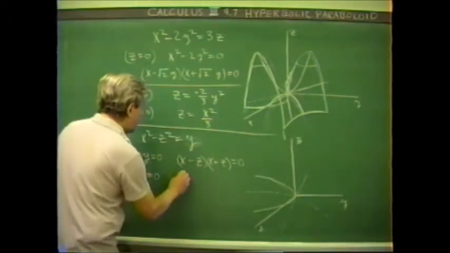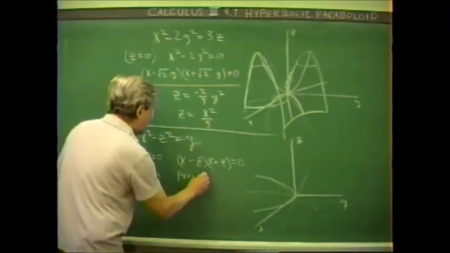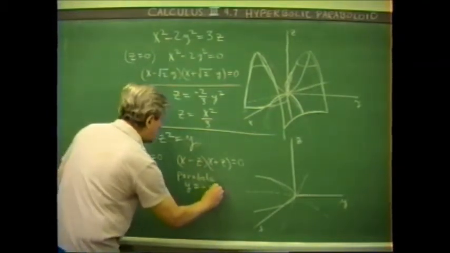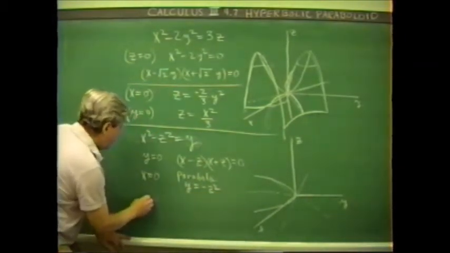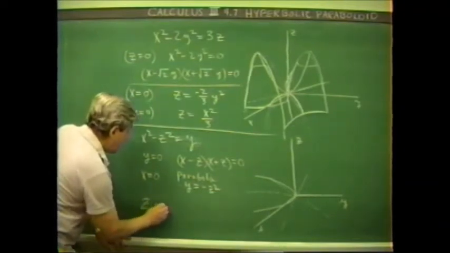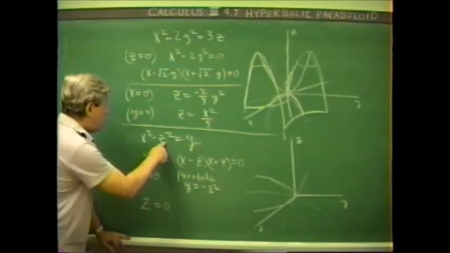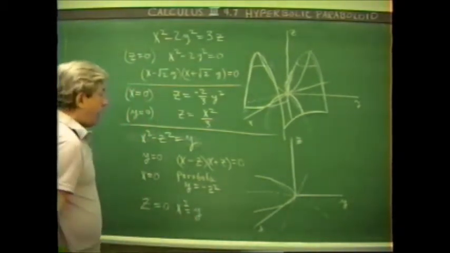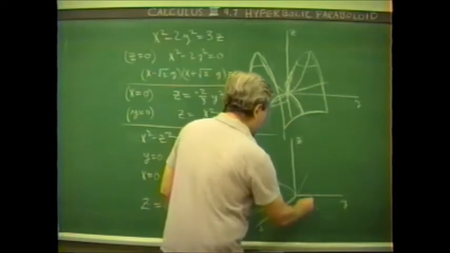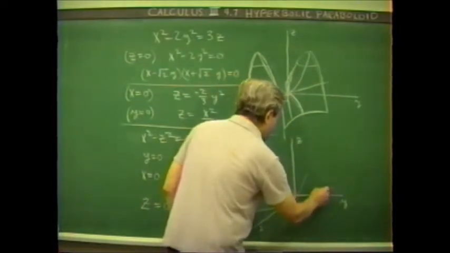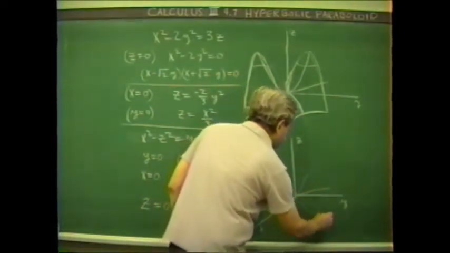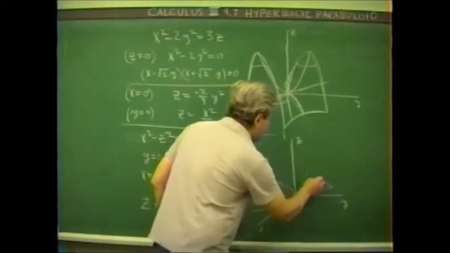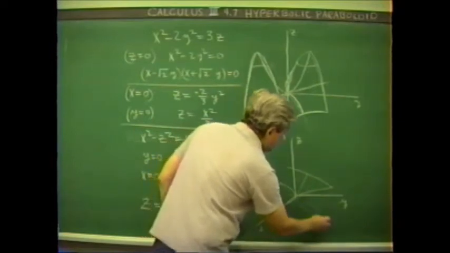So this is a parabola, namely y equals minus z squared. When z is equal to 0, we've got x squared is equal to y, or y is equal to x squared, and that's going to be a parabola that opens to the right here, like so. Now, the resulting graph looks like parabolas hung on this particular one here.